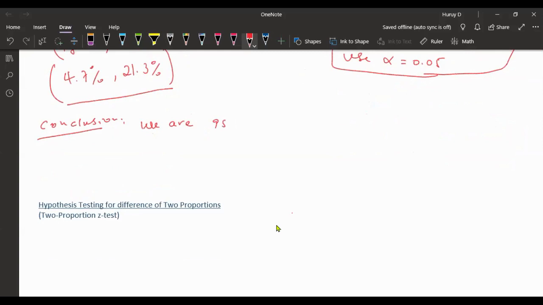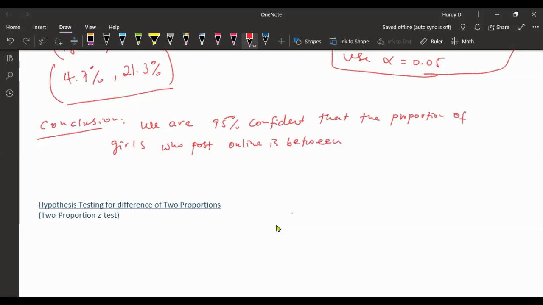So we can say we are 95% confident, the same interpretation, that the proportion of girls who post online is between 4.7% and the upper limit, which is 21.3%, higher than for boys.